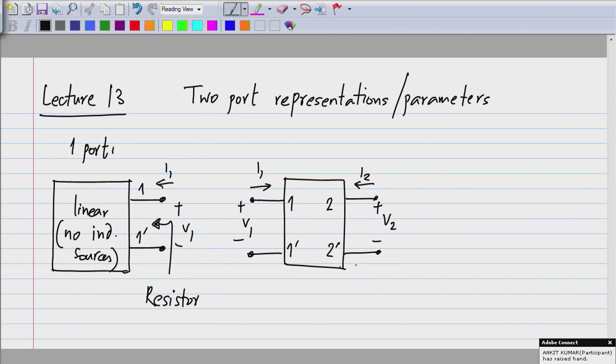So that relationship, let's say you relate I1 and I2 to V1 and V2, it gives you a set of two-port parameters.